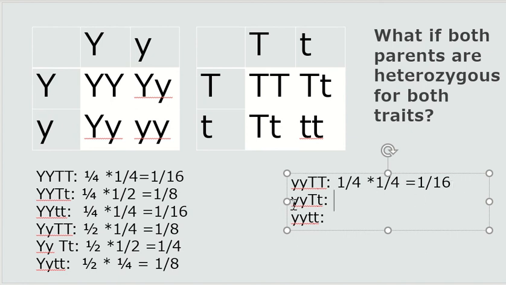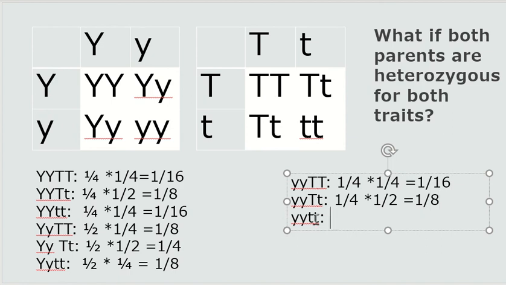This genotype is homozygous recessive for plant height, 1 out of 4, and that in this Punnett square look like that, times 1/2 of these are heterozygous, so it's 1/2. 1 times 1 is 1, 4 times 2 is 8, so 1/8 is the probability for that.